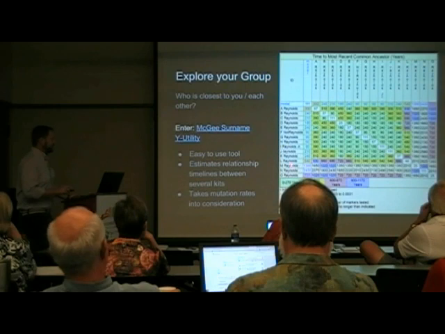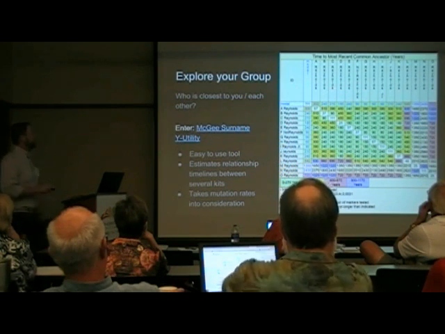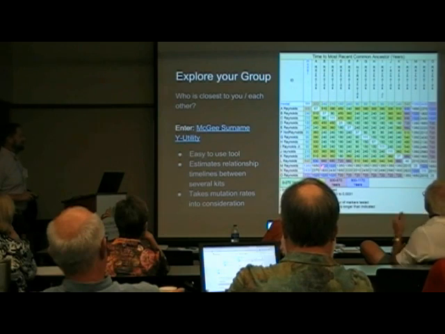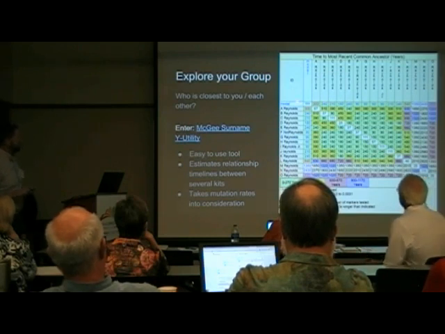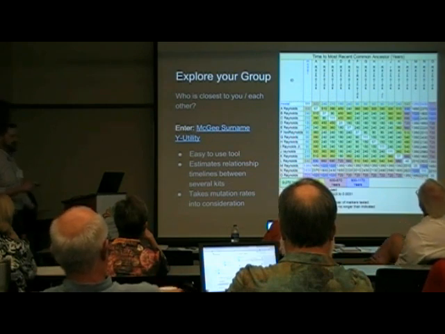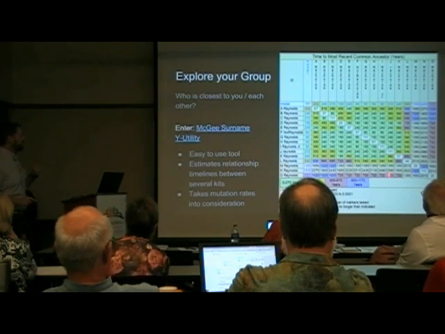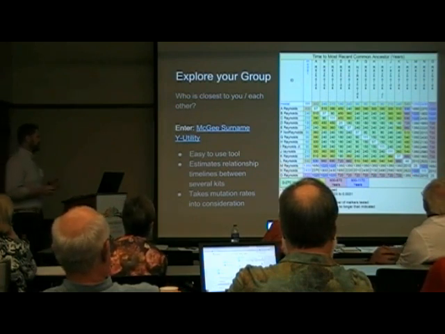We have kept these people, M, N, and O, in this group within the project because they do match these other people. They just match them very far back in time. And these are the people they match closer than anyone else, anywhere else in the project. So it's where they belong. They're just not closely related.